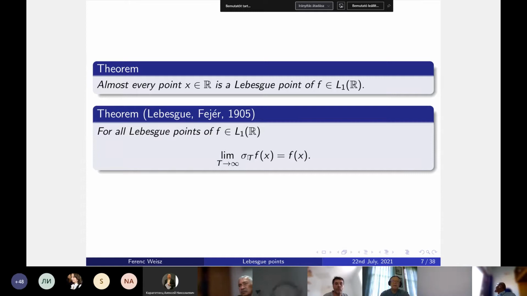I will consider 5 different summability methods. To this, I have to introduce 5 different concepts of Lebesgue points, 5 different maximal functions. Okay, so I start.